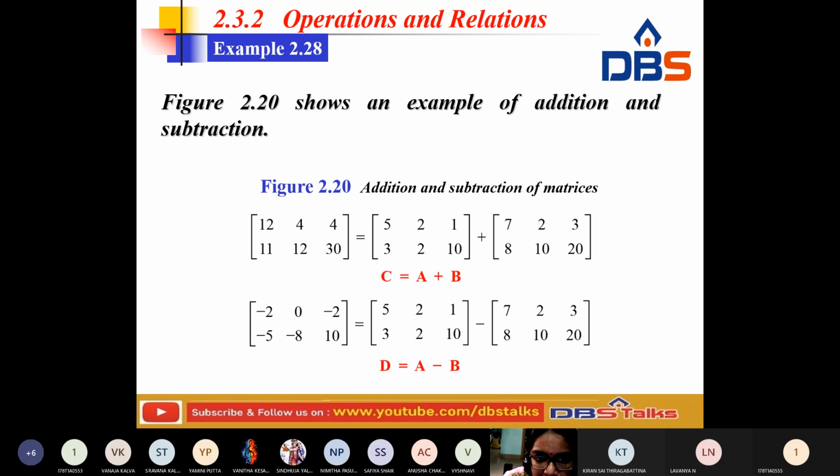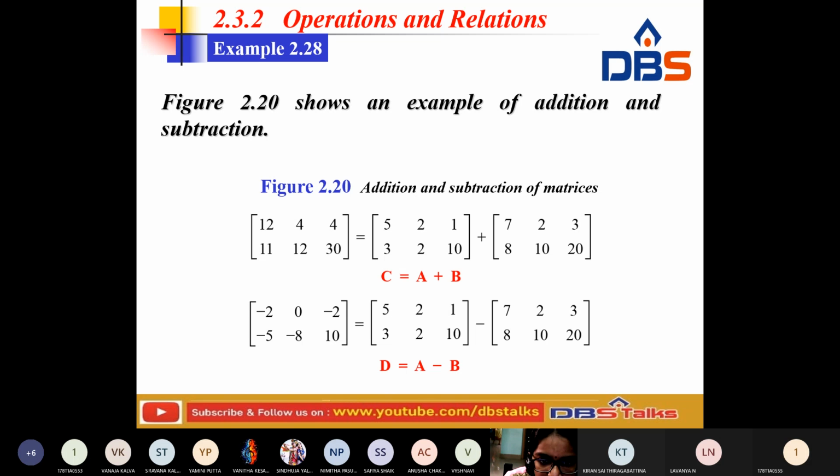Next, 2 + 2 will become 4. Next, the first row third element in the first matrix and the first row third element in the second matrix: 1 + 3, that is 4. Next, the second row first element in the first matrix and the second row first element in the second matrix: 3 + 8 will become 11.